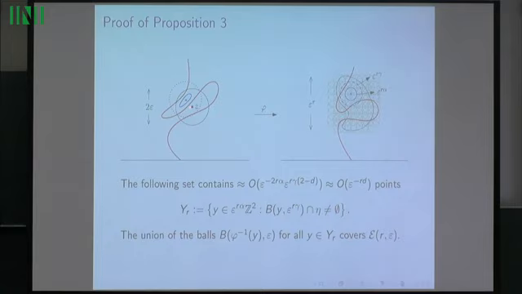So the area of this E_r^epsilon will be less than epsilon squared times the number of points in Y_r, which is of the order epsilon^(2 - rD).